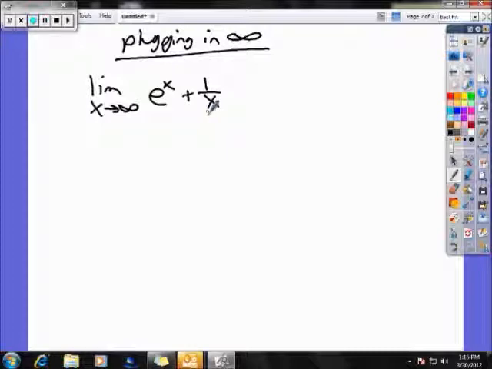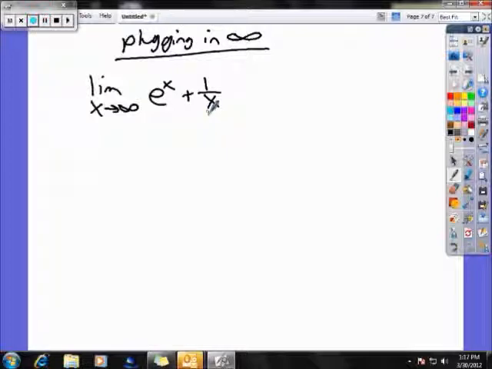Alright, so let's think about this now. This is not a rational function, so we can't just go to our exponent rules. It is still going to be a horizontal asymptote, but it's not a rational function that we can just use exponent rules on. Okay, so we have to think about this as if we're plugging in this infinity here.